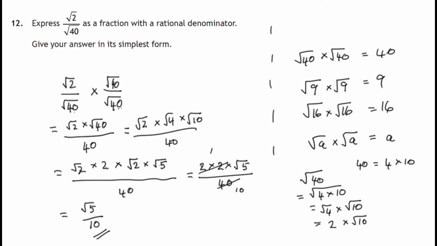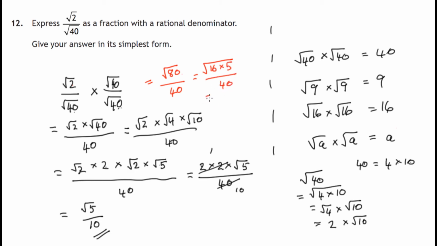Now that's not the only way we could have done this. At this stage on the top line, we could have produced the square root of 80. 2 times 40 is 80. And the bottom is 40. And you might have noticed, though not many people know this, that 80 is 16 times 5.